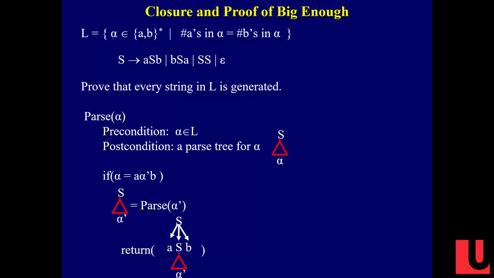And so then we can recurse, and when we recurse, our friend, by magic, gives me a parsing of alpha prime. Then what's my parsing going to be? S goes to ASB, and then S goes to alpha prime. And you see S is generating alpha, that's how we have a parsing for alpha.